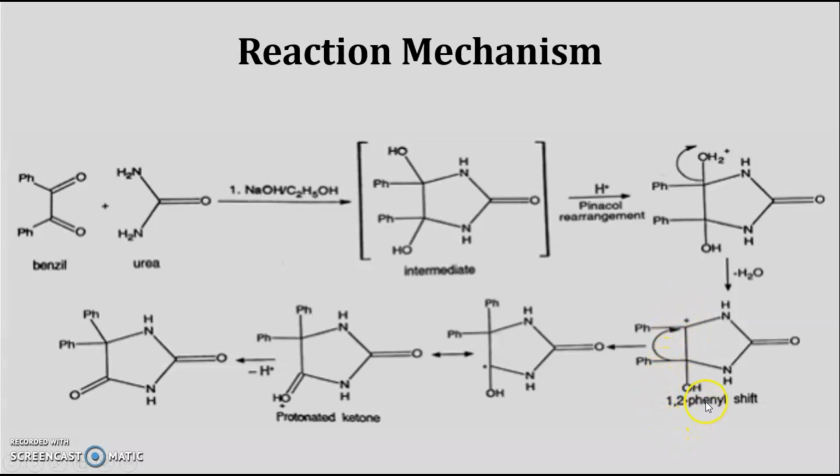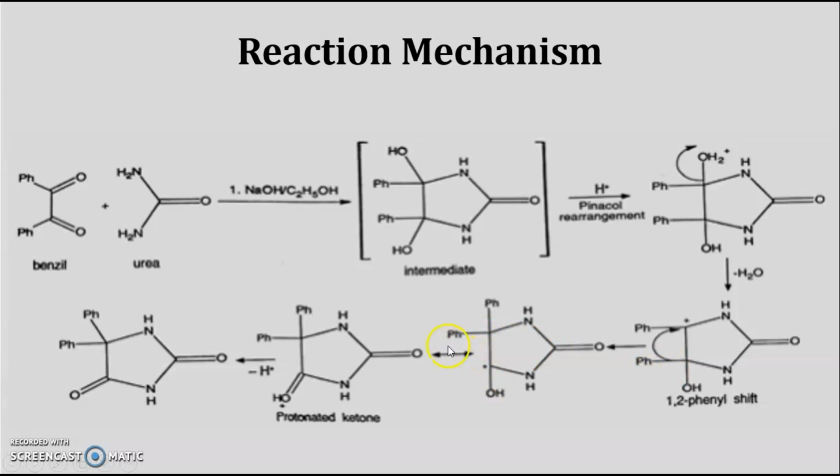So earlier the phenyl groups were present on different carbon atoms, but after this step both the phenyl groups are present on the same carbon atom, and again there will be generation of a carbocation, because this carbocation is more stable as compared to this carbocation, due to which it will be shifted towards this particular carbon atom.